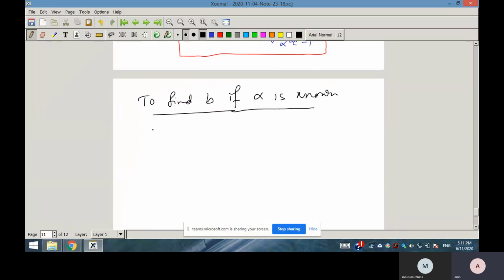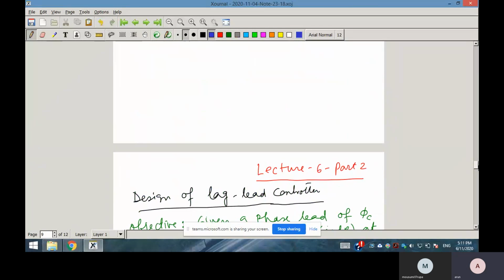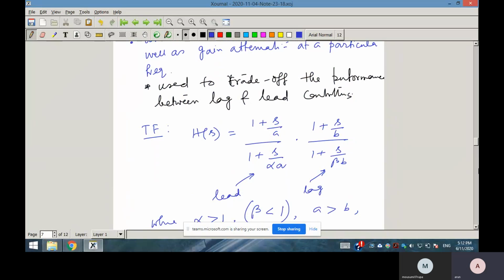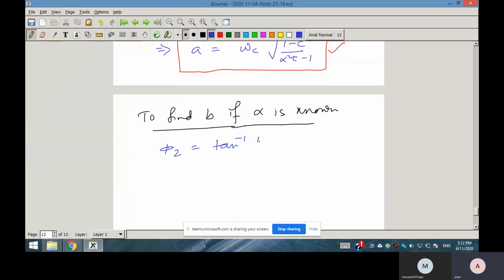So phi 2 is tan inverse of omega c by b minus tan inverse of omega c by beta b, since the lag part transfer function is this one. Note phi 2 is actually negative.